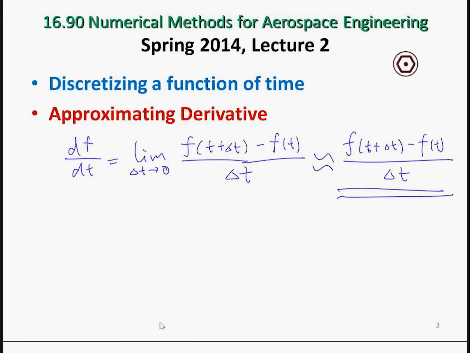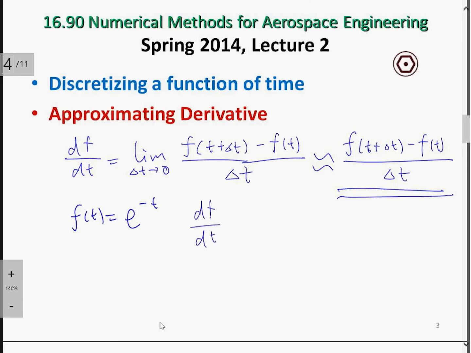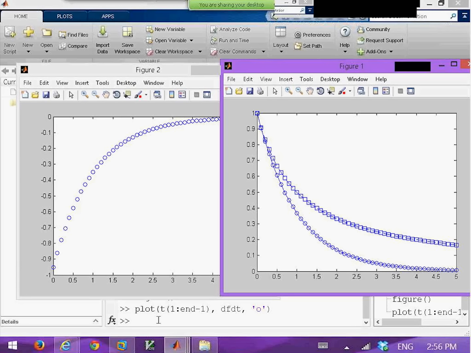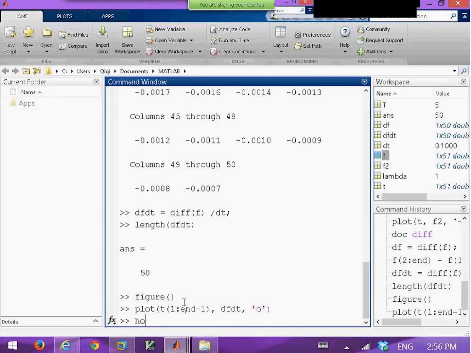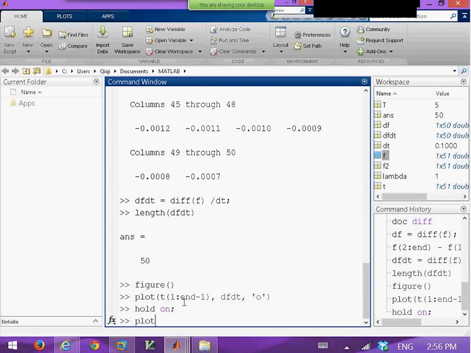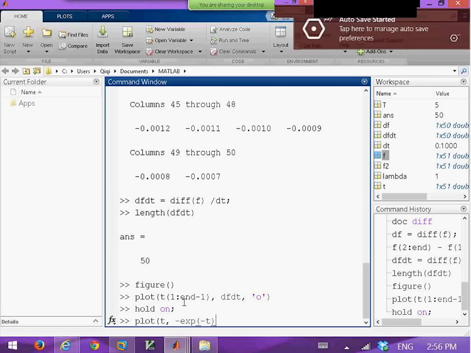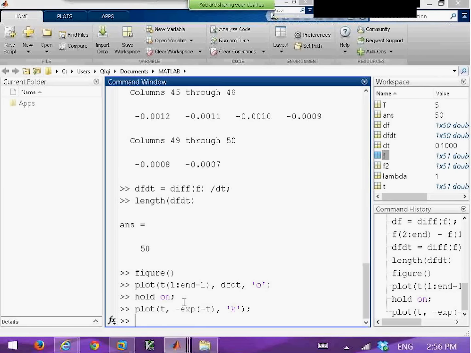The real derivative of this function, if f of t is equal to minus e to the minus t, df dt is just equal to negative of e to the minus t, right? Okay, so let's take this figure 2 and hold on and plot t, negative exponential of minus t. Let's plot it using black. K is black.